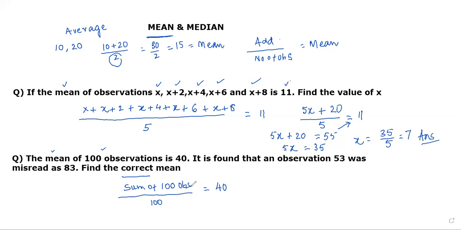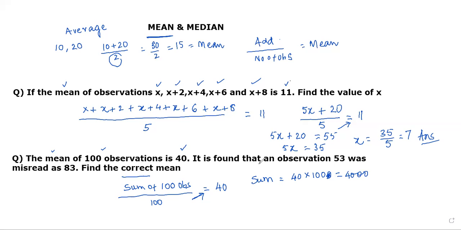This is how we calculate the mean: the sum of the 100 observations divided by the number of observations is the mean. 40 is given as the mean, which means the sum of the 100 observations will be, if I do the cross multiplication, 40 into 100, which is 4,000. All right, so the sum of the 100 observations is 4,000.